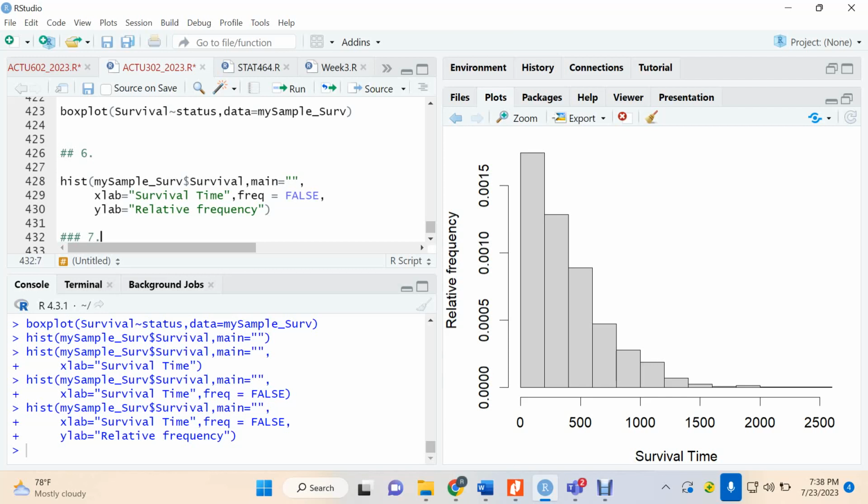Okay. Now 7 says it has been suggested that normal and exponential distributions can be fitted to the survival time through the maximum likelihood estimate. Write functions to compute the estimate of the parameters.